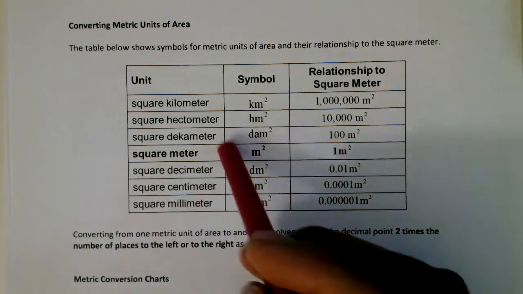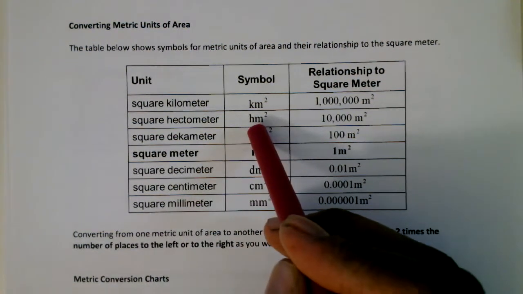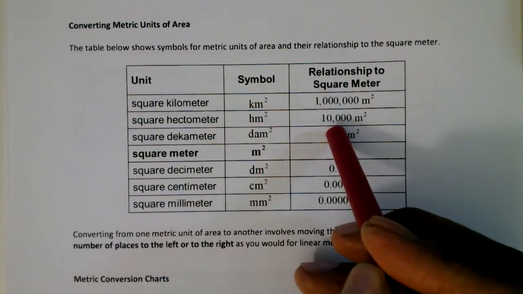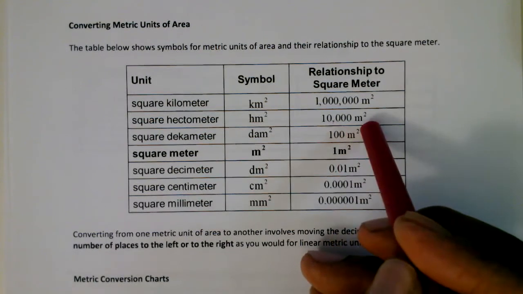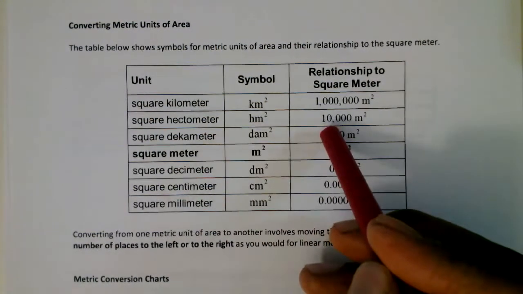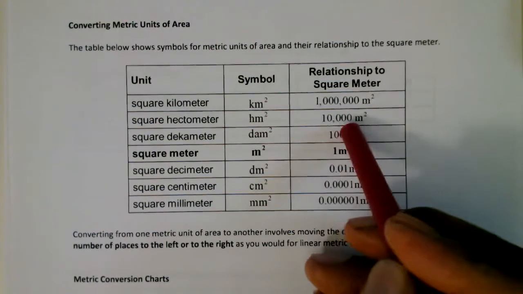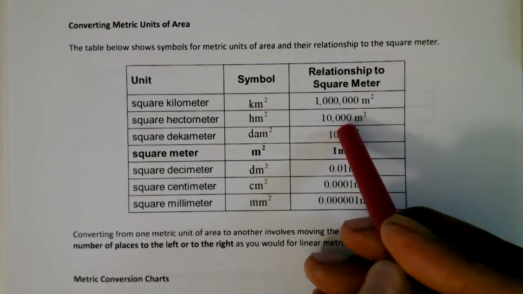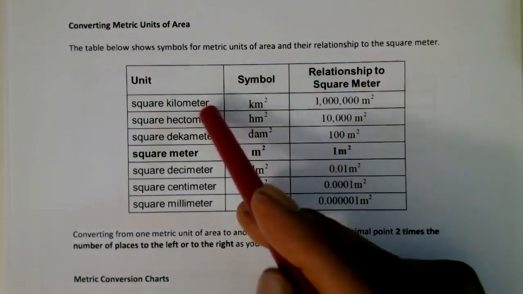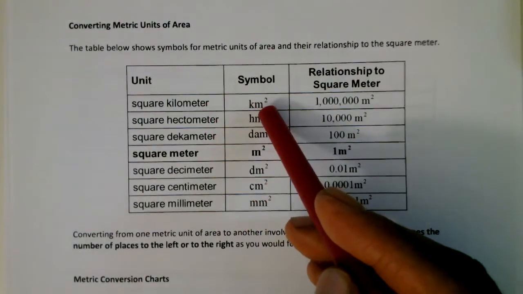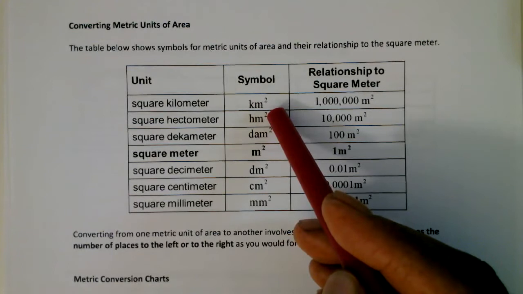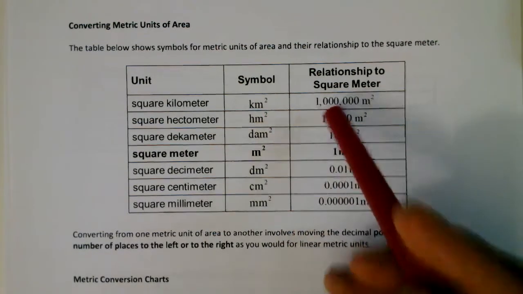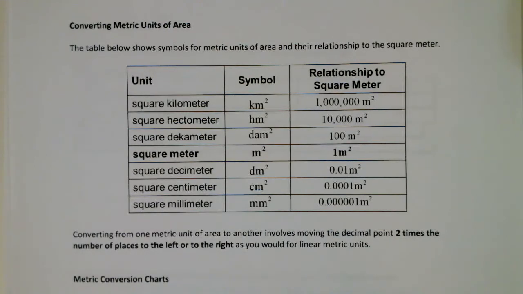And the square hectometer, here's the symbol for that, and now it's going to be 10,000 square meters. Usually the hectometer represents 100 meters, but when you square it, it's going to be 100 squared or 10,000. And then for the square kilometer, kilometer is usually 1,000. But when you square 1,000, that's going to be 1 million.